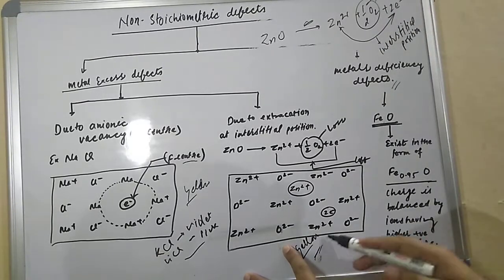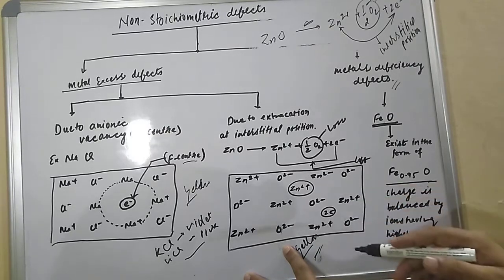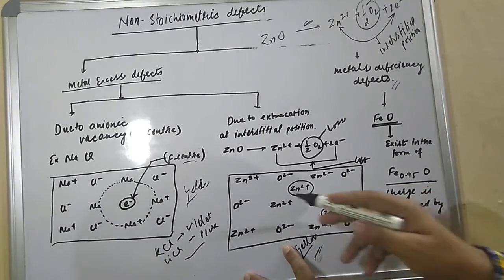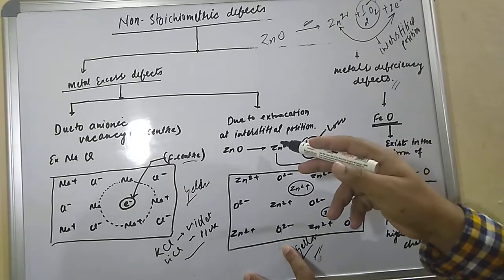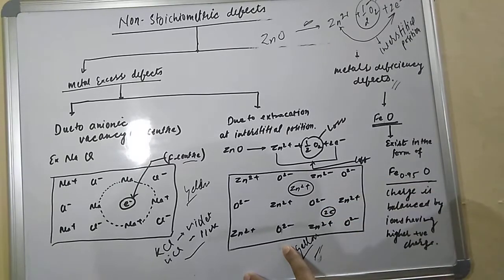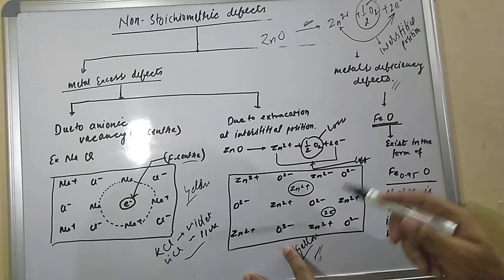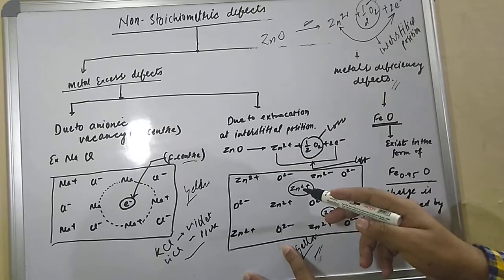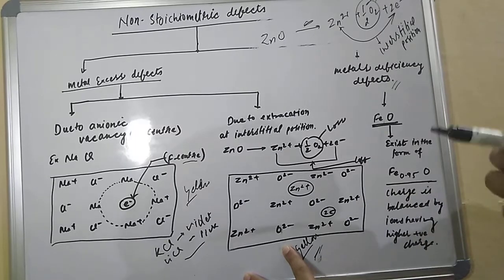So this will impart the yellow color to the crystals. In this case, due to the extra cation at interstitial position, there is an excess number of metal ions. That is why it is a metal excess defect. The Zn2+ ion and 2 electrons occupy the interstitial position.